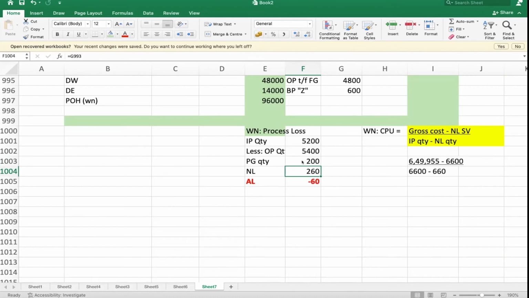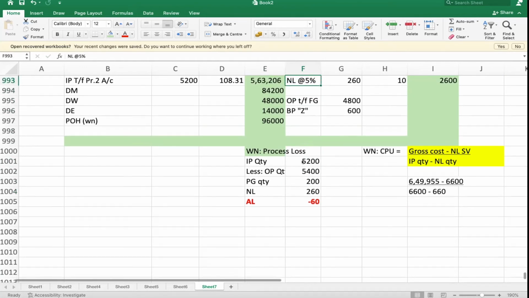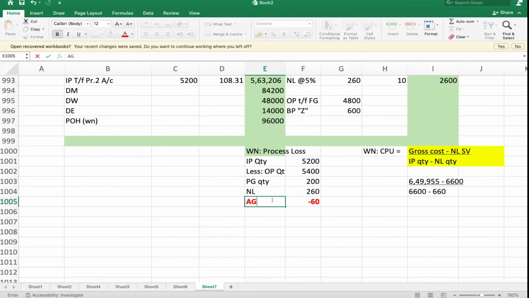Therefore, process abnormal gain is 200, whereas normal loss quantity is how much? 260 units, sir. Therefore, abnormal gain comes to how much? 460 units, sir.